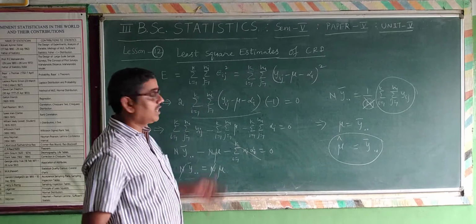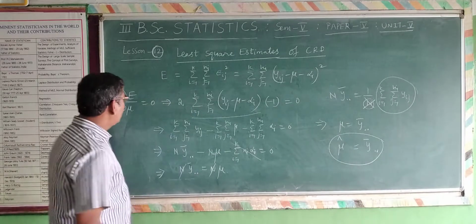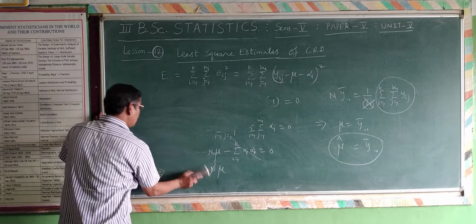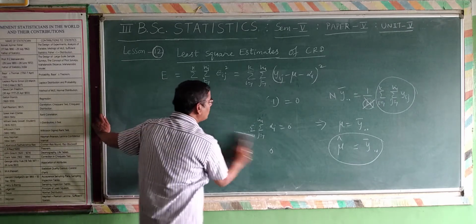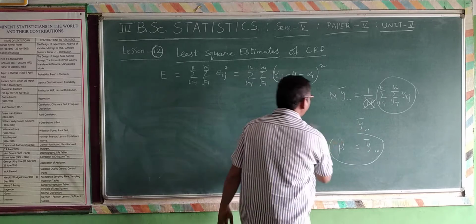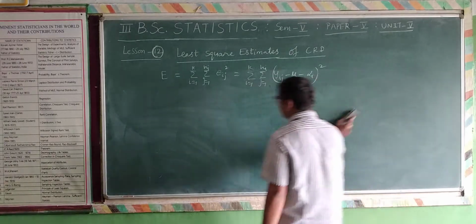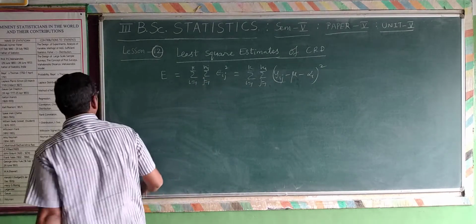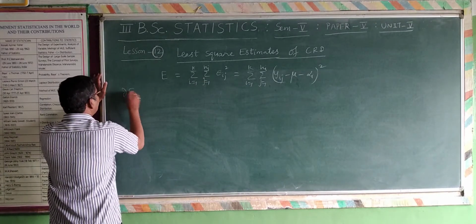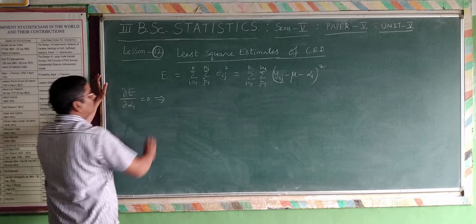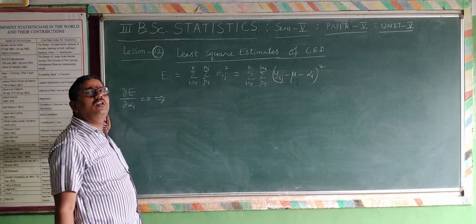Now another parameter, alpha_i. Similarly, we estimate the parameter alpha_i by differentiating E with respect to alpha_i to get the required value. So therefore, dou E by dou alpha_i is equivalent to 0. That's what you have to remember.